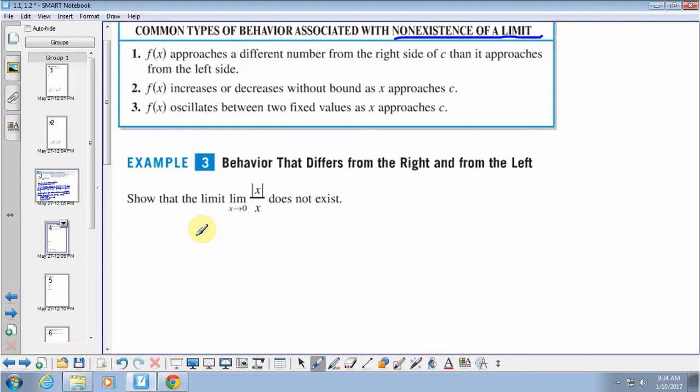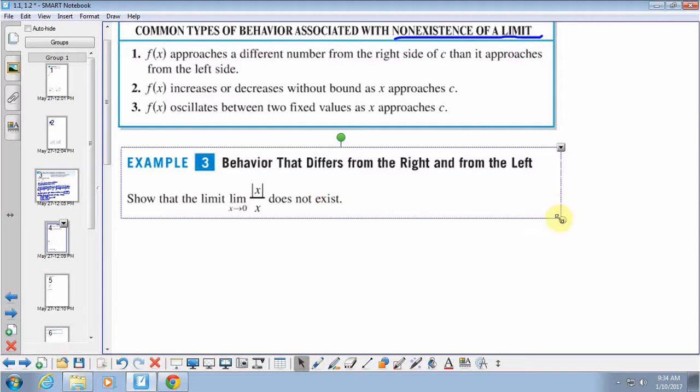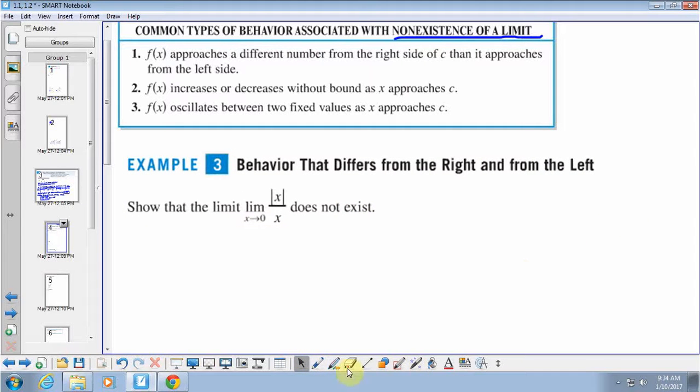All right, so here we want to show that this limit does not exist. We have the limit as x approaches 0 of the absolute value of x over x.